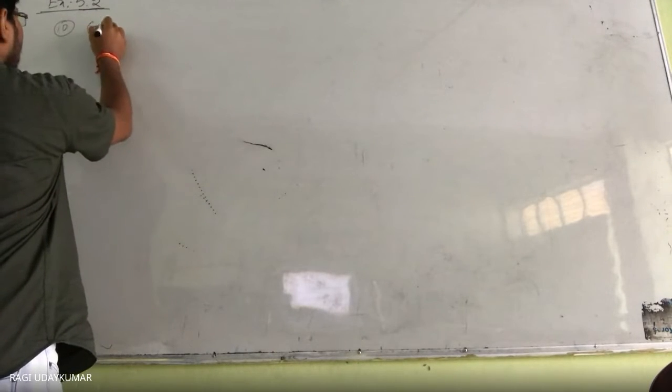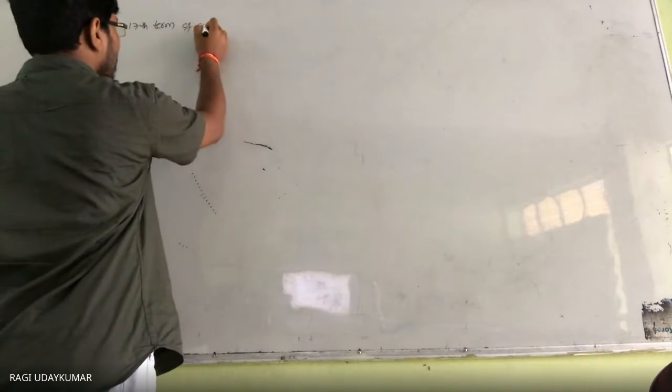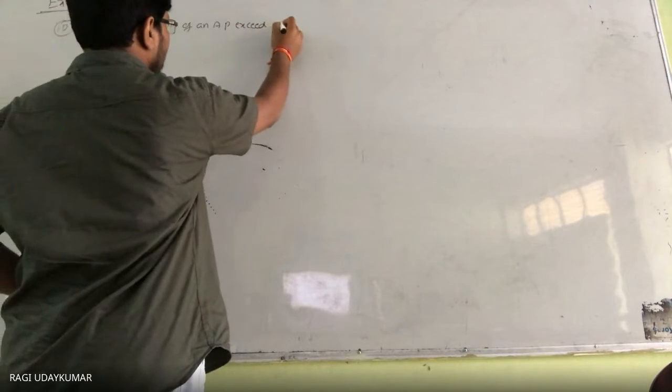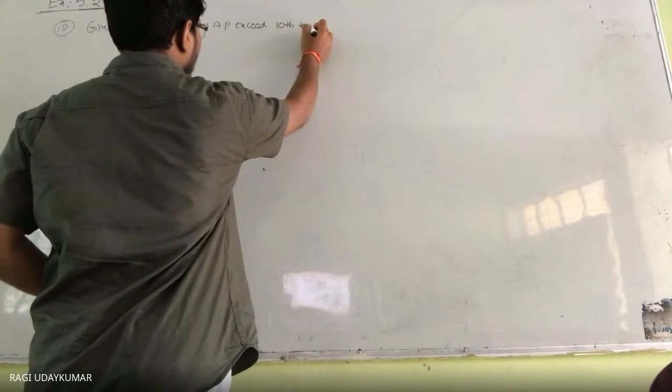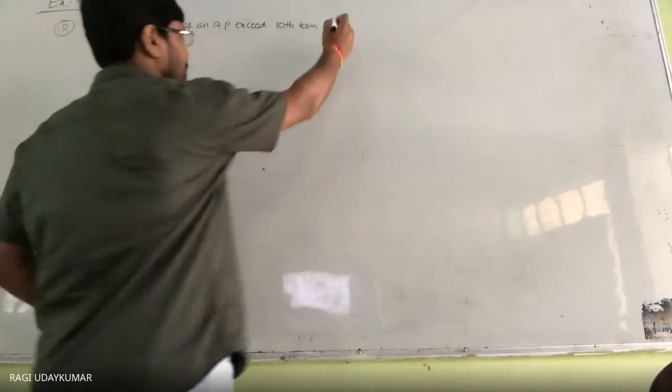It can also be written as A17 minus A10 equals 7. Yes, the 17th term of an AP exceeds the 10th term by 7.